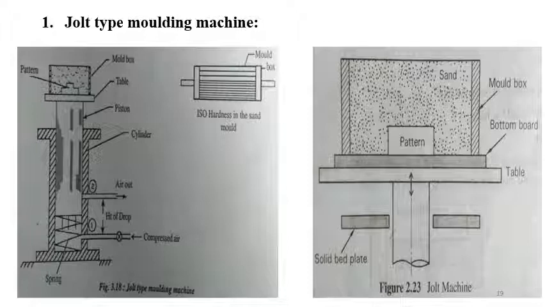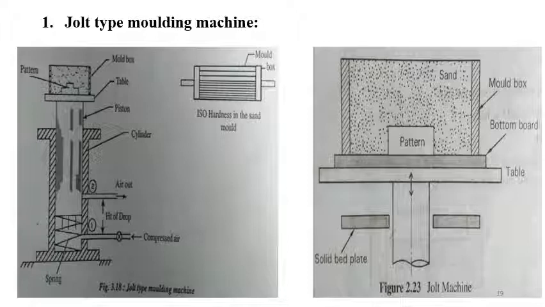After that we put the mold box on the table. Due to the air compressor, the table is moving up and down, raising and falling. Nearly 10 to 20 times jolting action takes place. The sand will be completely packed, very tightly, around the pattern.